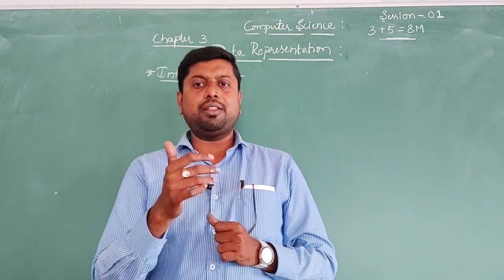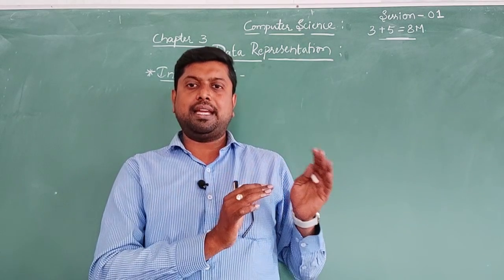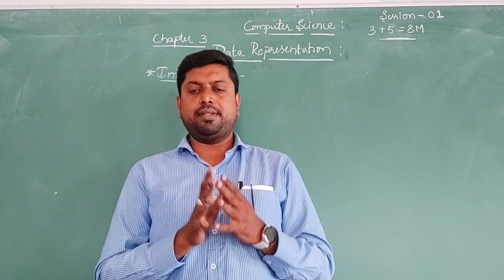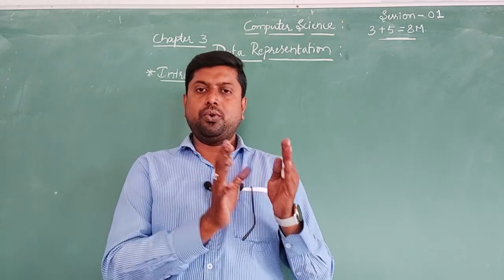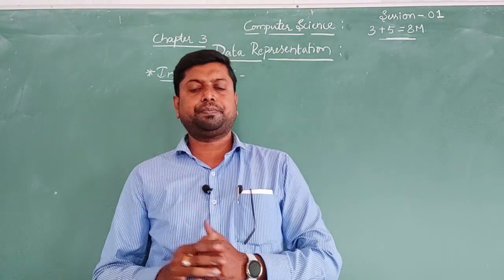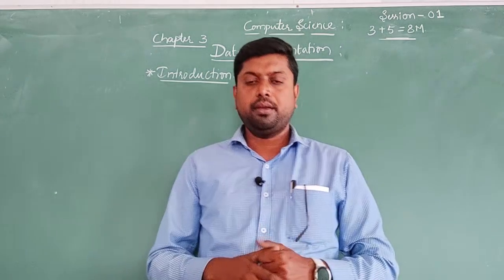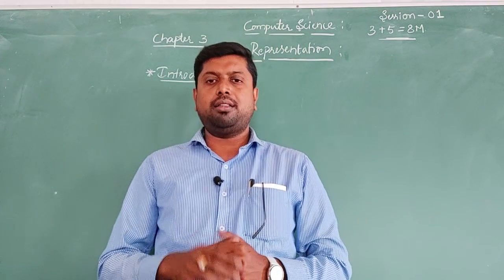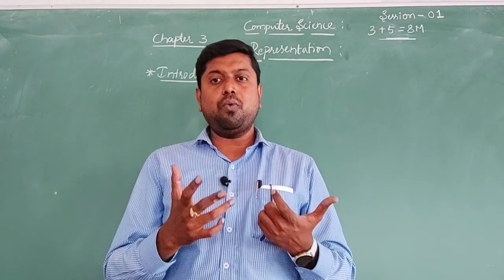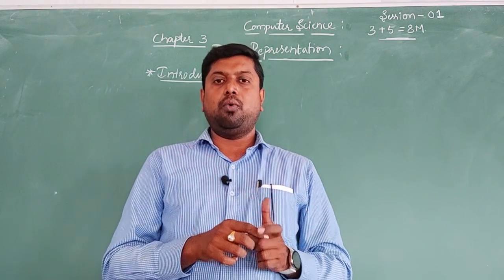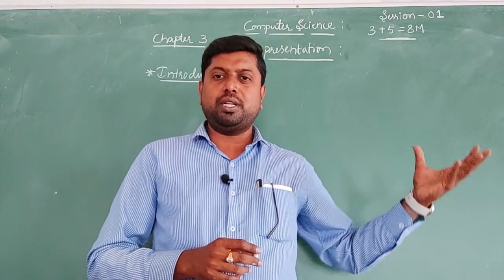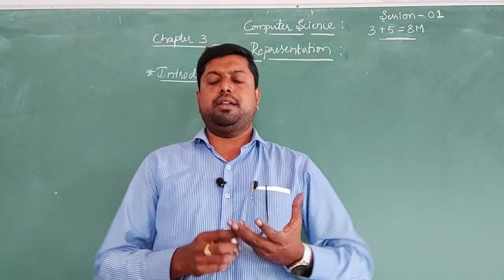Before going to the introduction, one common thing I want to tell you: in data representation, data is stored in the form of bits and bytes. Bits and bytes are the types of memory storage in a computer, but how will we come to know the capacity, for example how 1 GB equals 1024 megabytes, how do we calculate that?